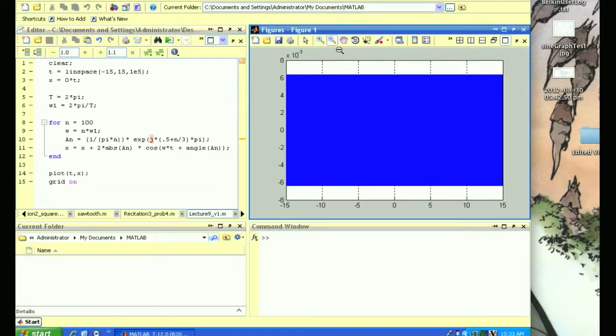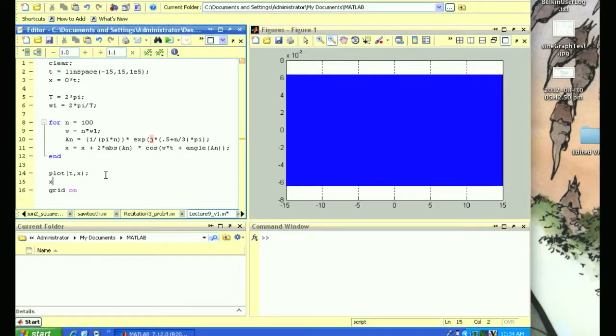Now, conversely, where is the high frequency portion of my signal? At the discontinuity, right? In fact, you can't get higher frequency than a discontinuity. If you think about frequency as a slope, think about a square wave for a second.